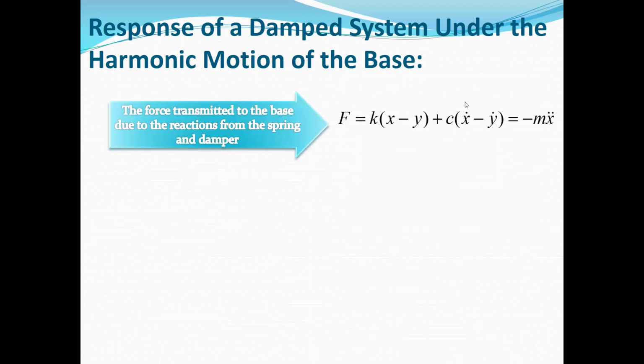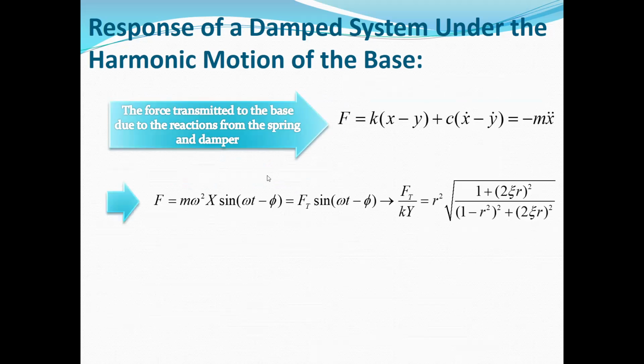We know that the summation of this force is equal to minus m x double dot. In the first slide, when we wrote Newton's second law, we had minus k times (x minus y) minus c times (x dot minus y dot) equal to m x double dot. So when we multiply that equation by minus 1, we can extract this term.